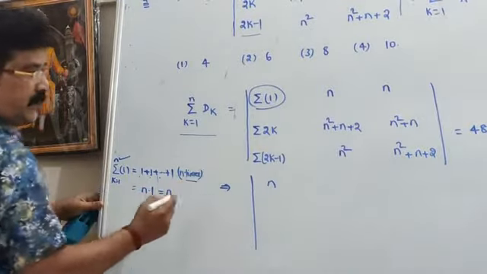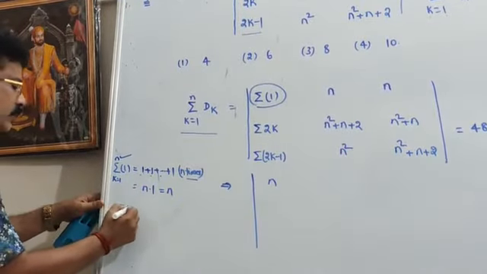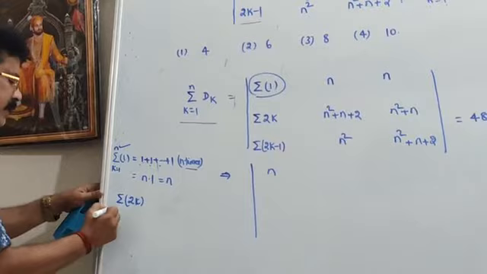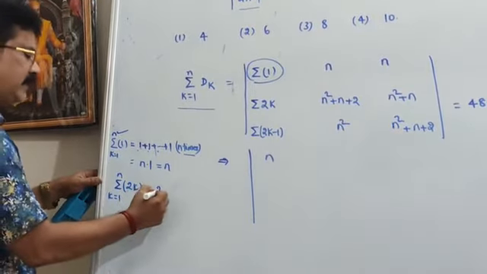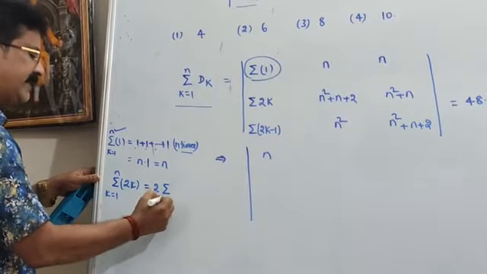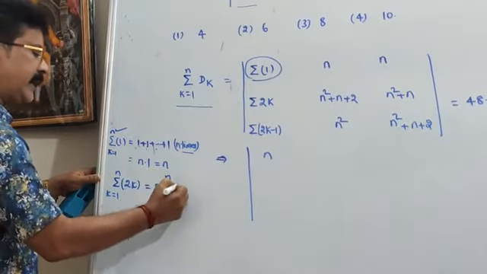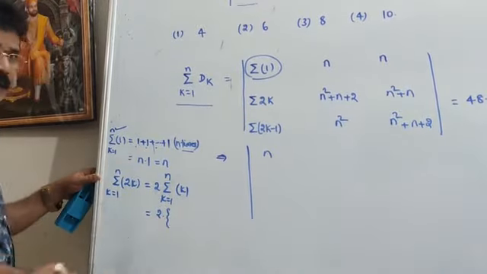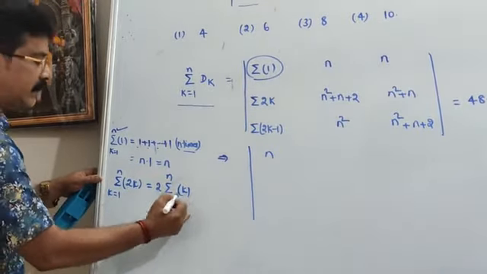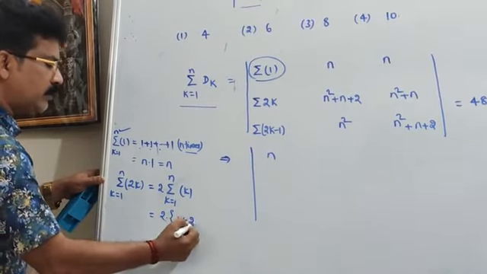Next, sigma 2k, to be understood that k equal to 1 to n. So the coefficient 2 into, we can write it as sigma k equal to 1 to n of k. So that is equal to 2 into bracket begin k equal to 1 to n, 1, next k equal to 2.